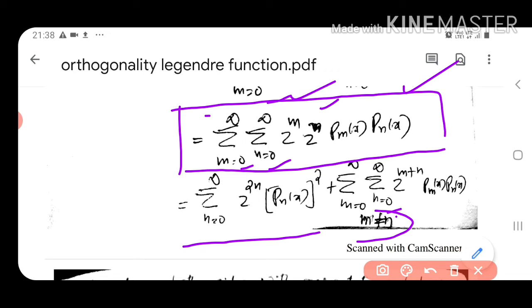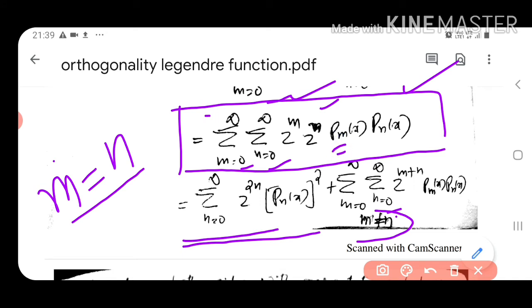What we do is, during this variation, there will be certain values for which m is equal to n. Okay, m equal to n. That is written here. Okay, when m equal to n, these two indices will be equal.